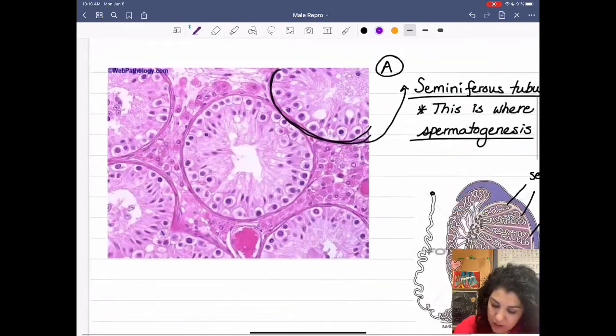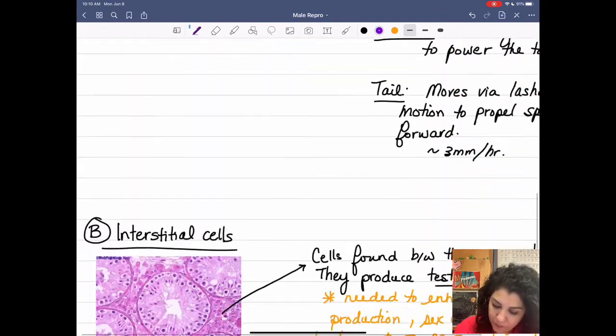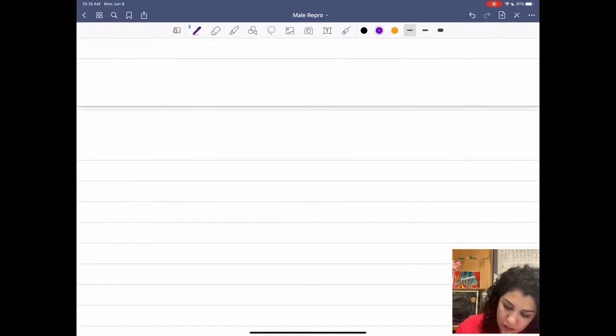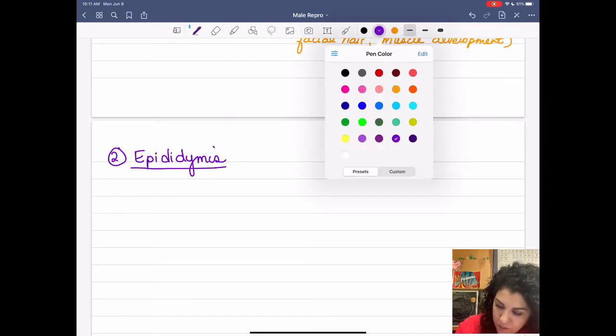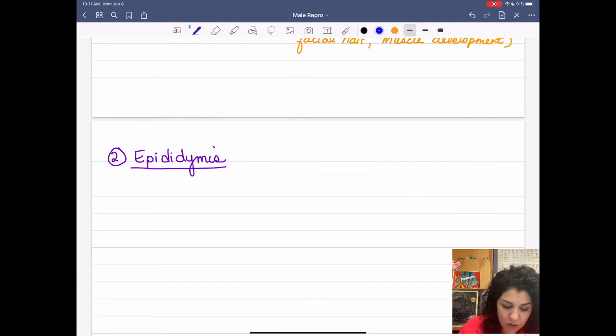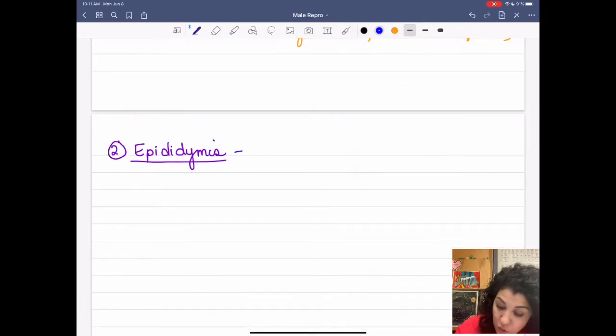And so we're going to go down here. I think I was using blue. So the epididymis, this is a storage facility.